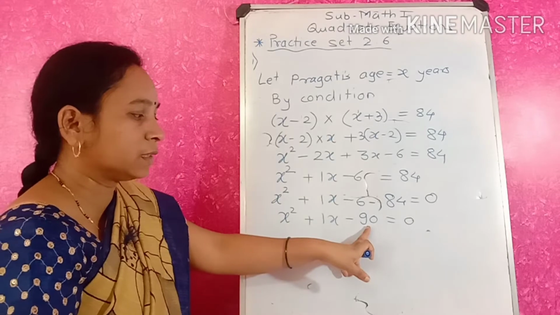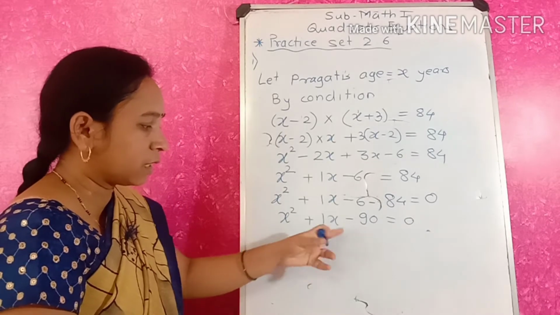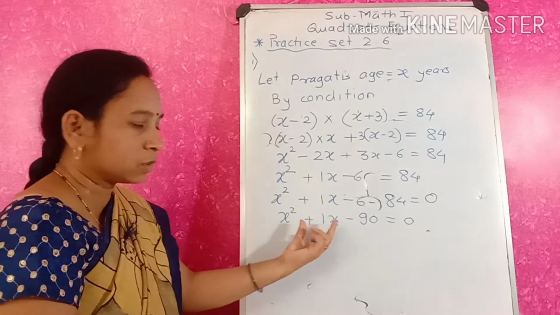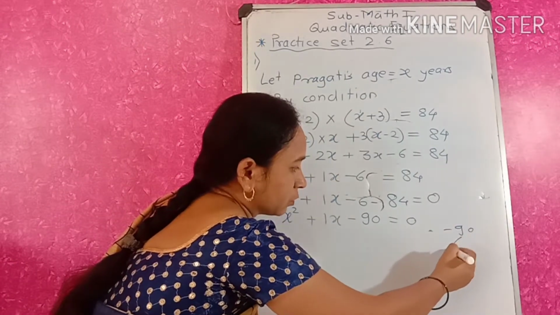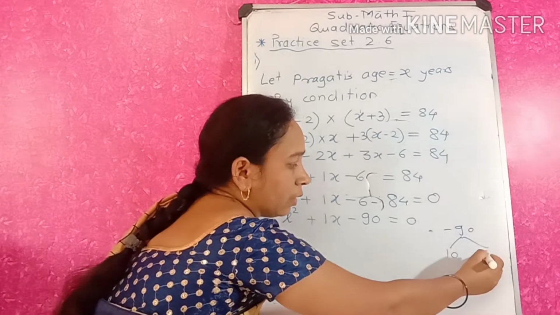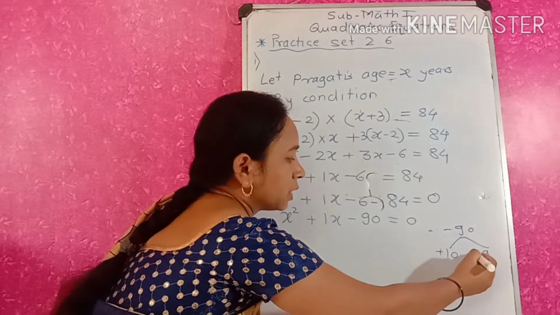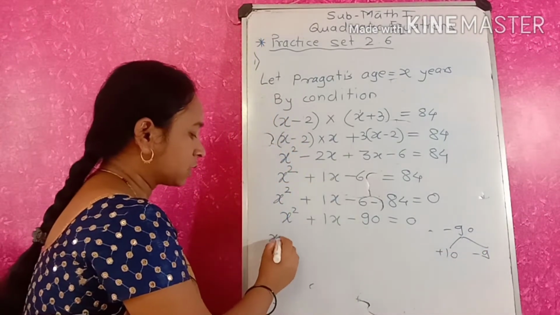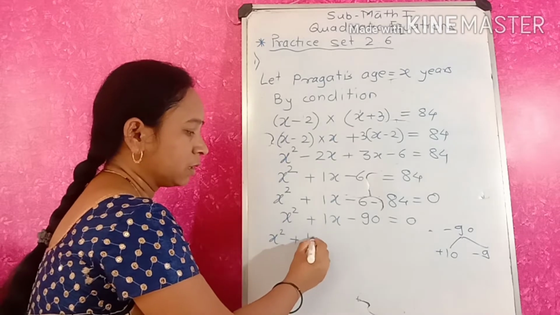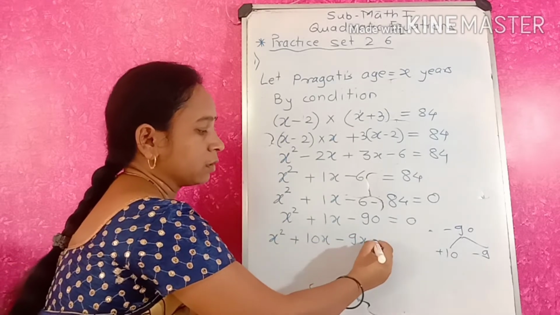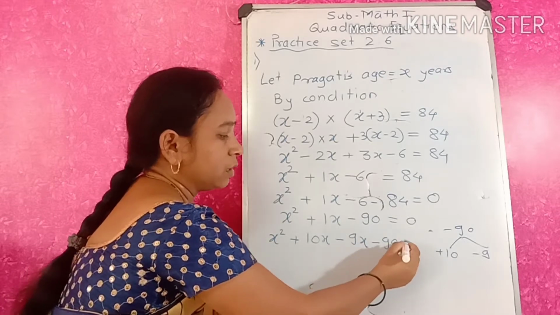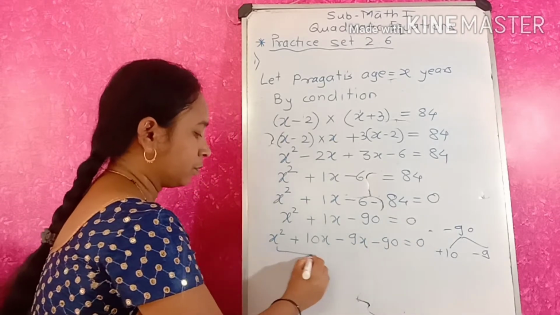Now we have to factorize 90 in such a way that you will get the sum as 1. So the two factors of 90 would be 10 and 9. So here plus 10 minus 9. So x square plus 10x minus 9x minus 90 is equal to 0.